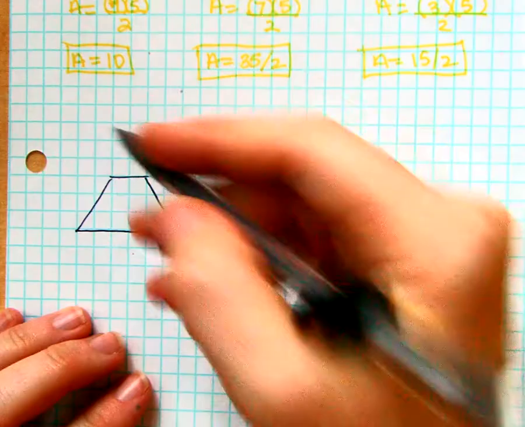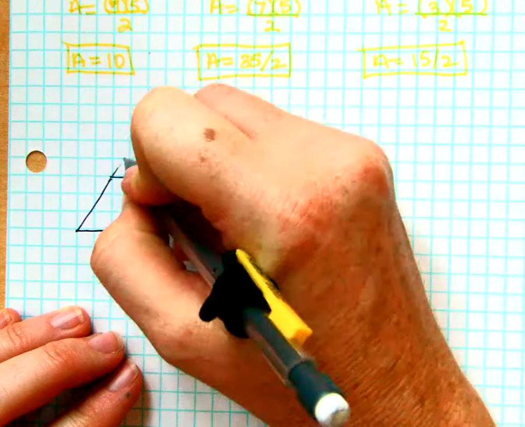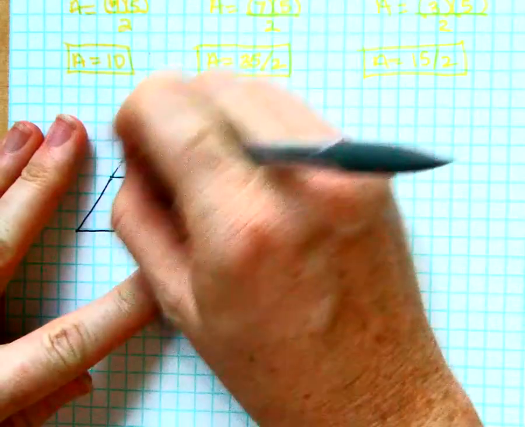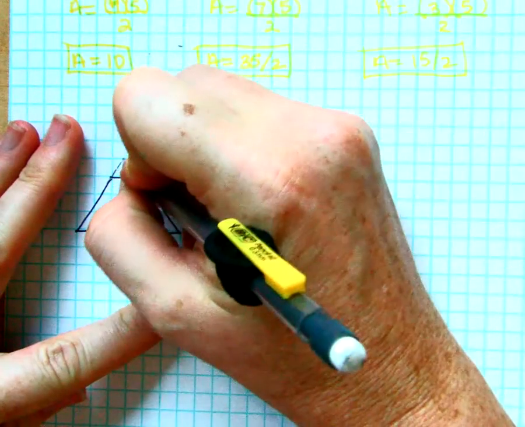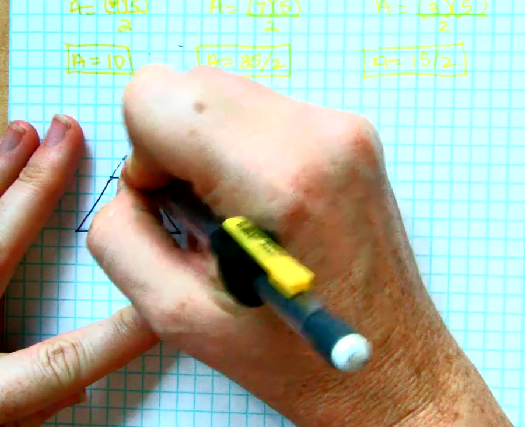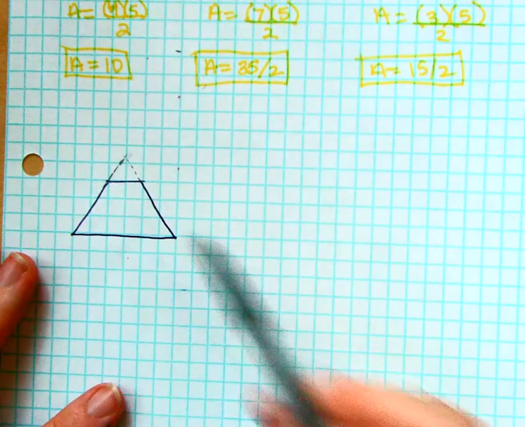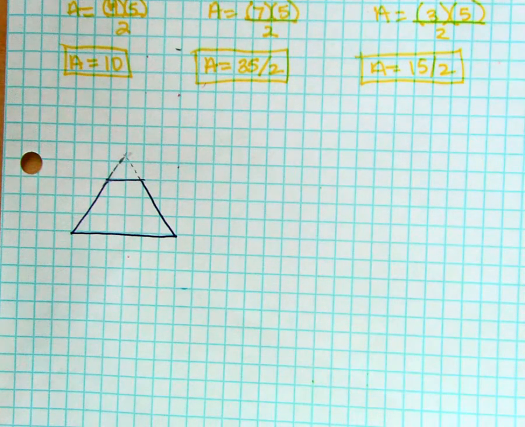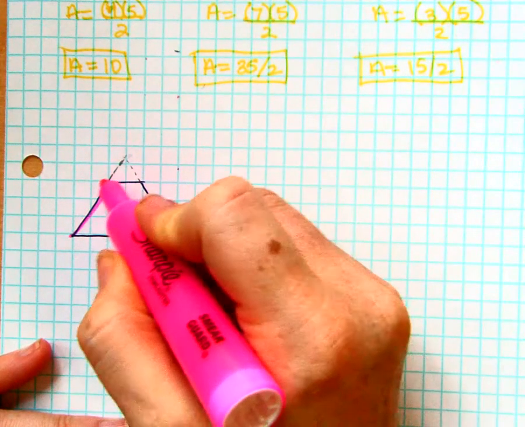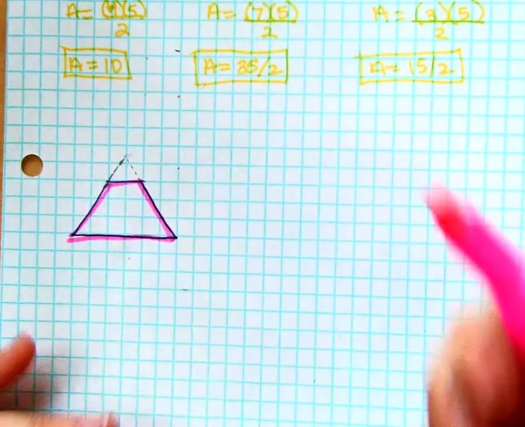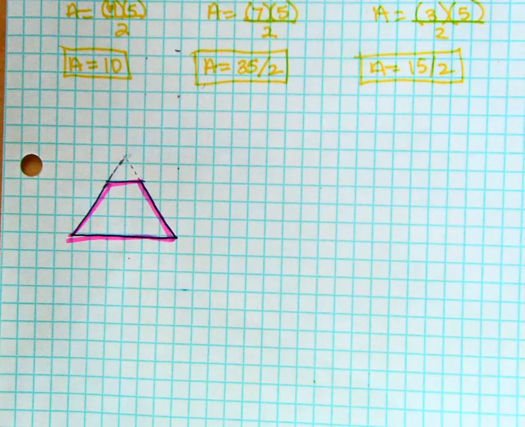Well, it should sort of hit you that this is very, very close to a triangle, but missing this top piece, right? So the area of this is going to be quite similar to the area of a triangle, okay?